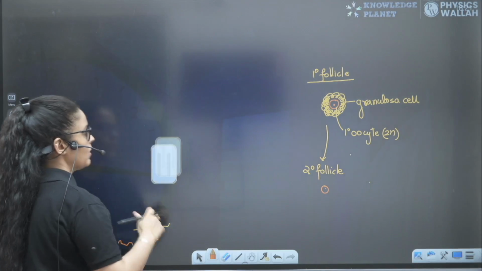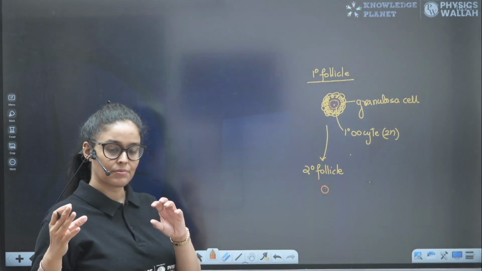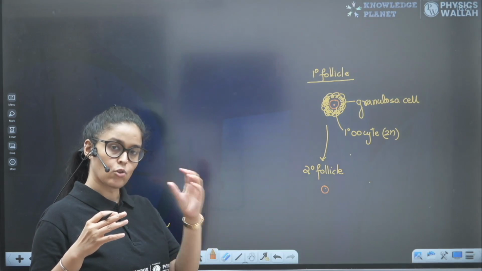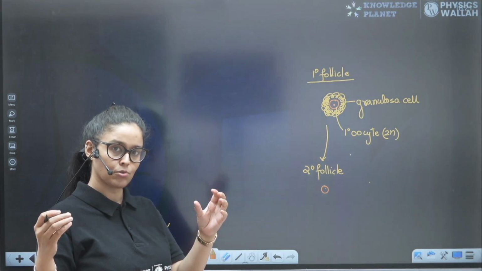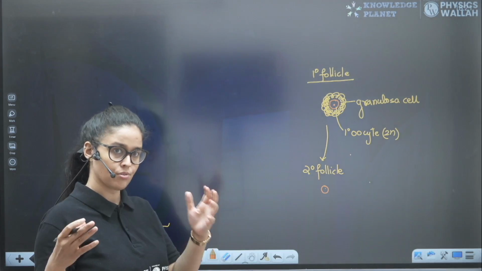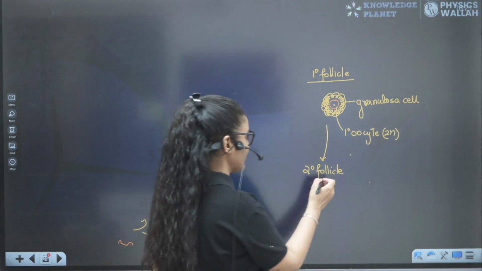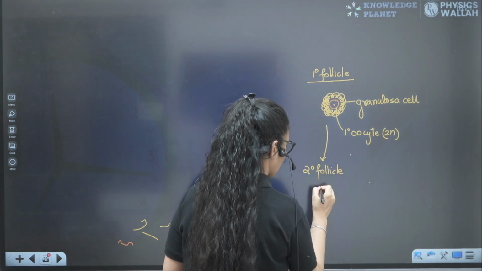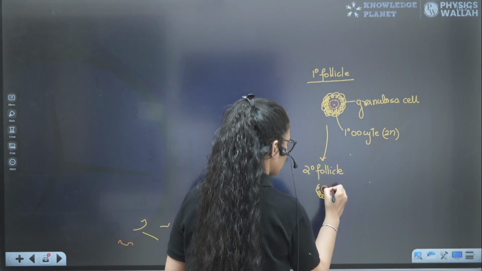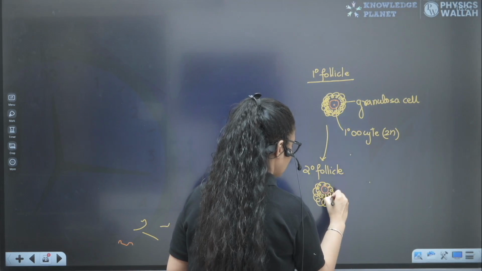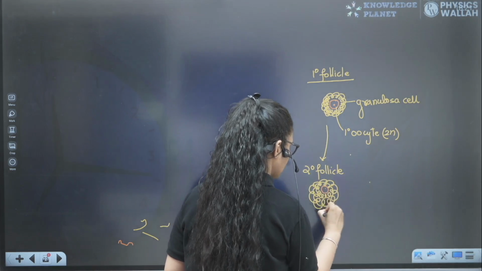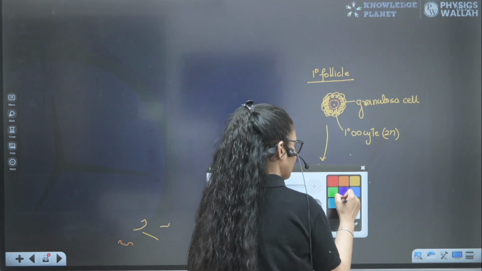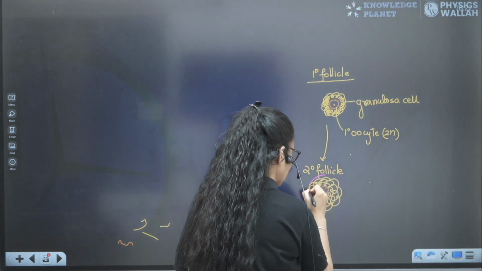So in a whole year, 6 ova are released by one ovary and 6 by the other ovary. You have to remember it. Let's see the structure. The primary oocyte will be surrounded by the granulosa cells, but now the granulosa cell number will increase, size will increase, and they will develop a special theca layer around it.